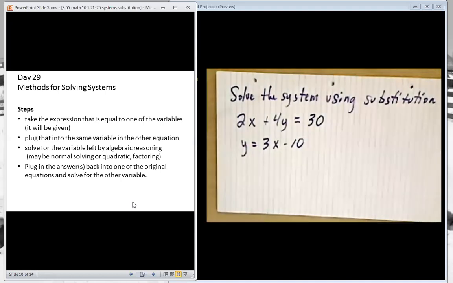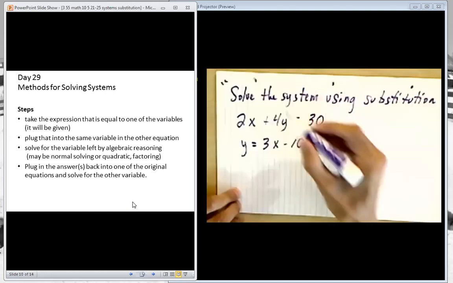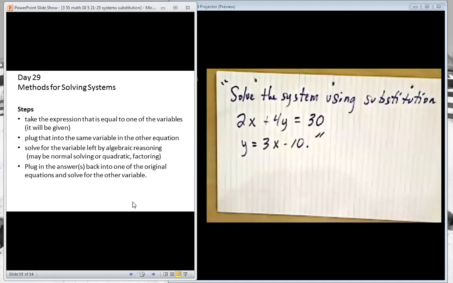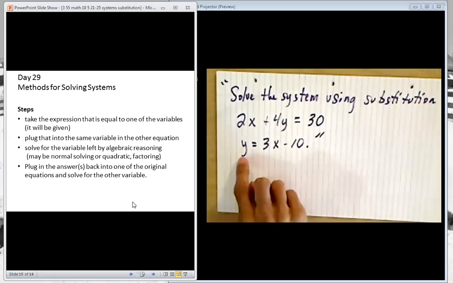Okay, I think that'll work there. Here it is, official. So listen, a couple of things. We're going to replace the y because y is already set up like that, right?